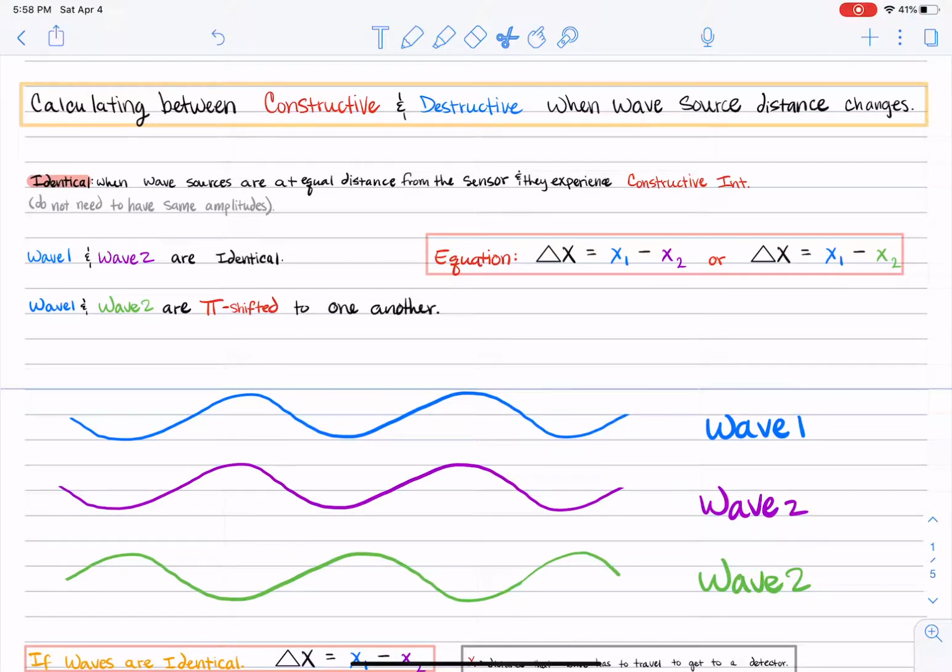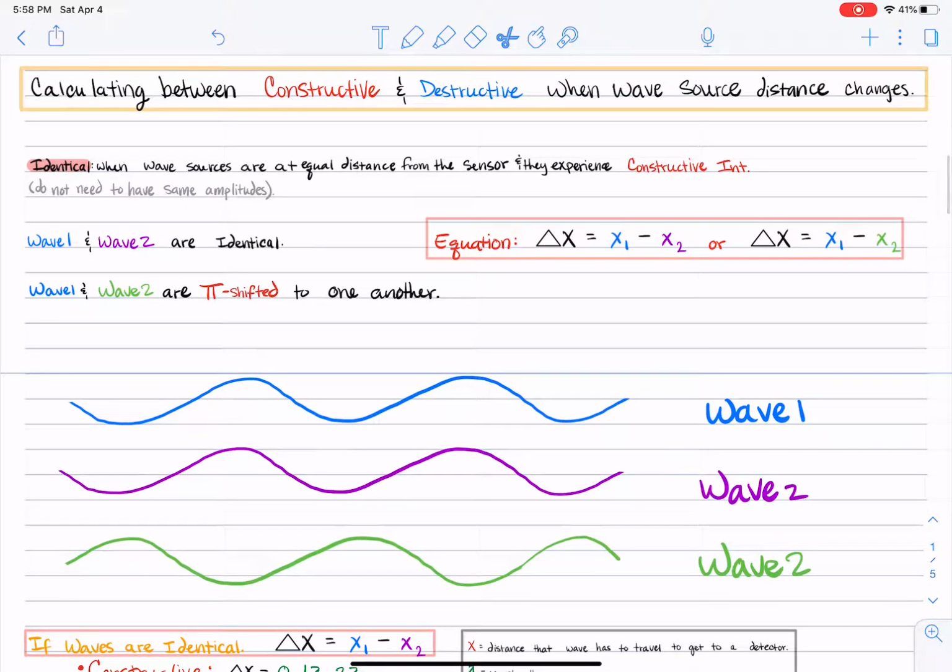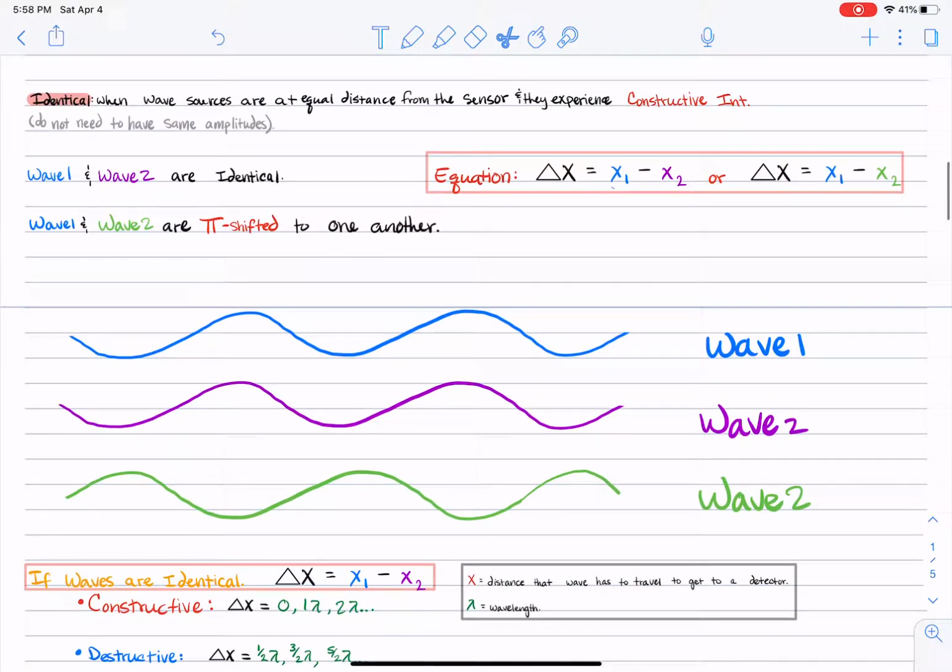Purple is identical to blue, which is right here. Blue is pi shifted to green. So x, or delta x, we'll just say x1 and x2. x1 and x2 are the distance of the source from the detector for each wave.